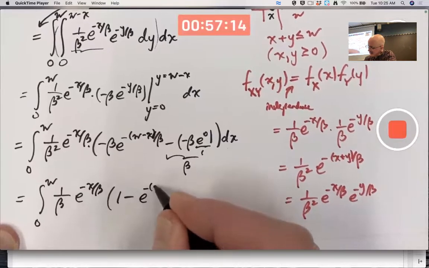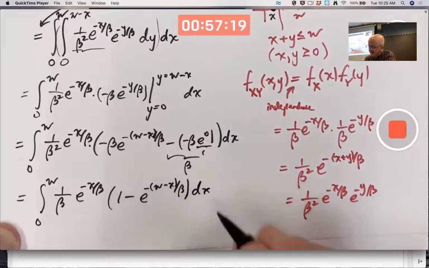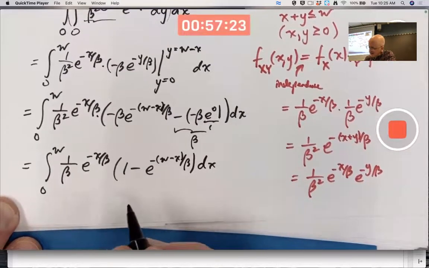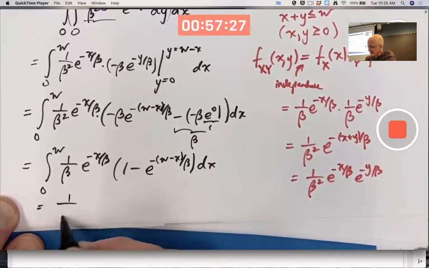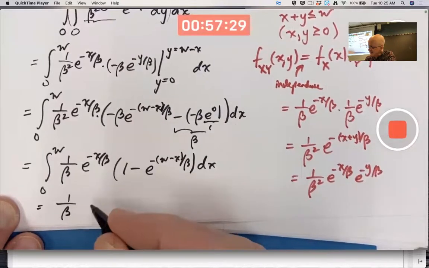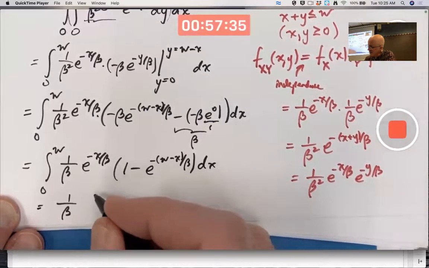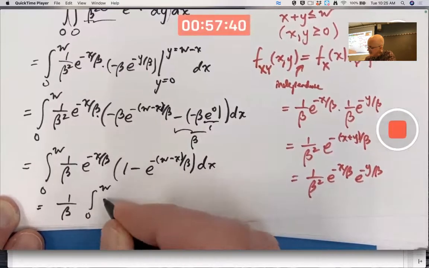Oh, this is turning out not so nice. Oh, I can bring the 1 over beta in front. Maybe I'll go ahead and do that. But it seems like I've got the integral of the difference of two things. This times 1.